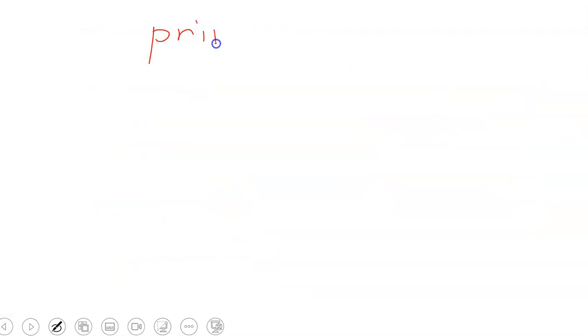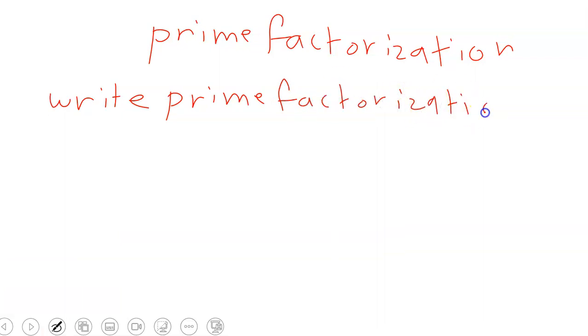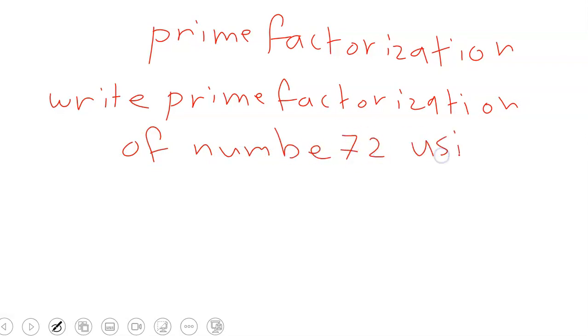Sometimes you have a question that says, write the prime factorization of a composite number, for example 72, using exponents.